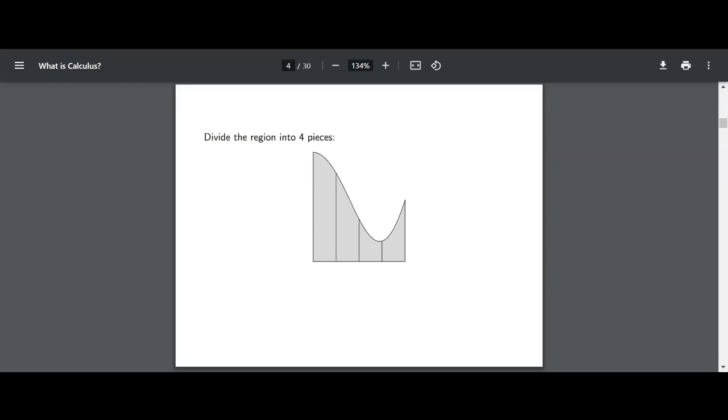We can divide this area into, here I'm using 4 pieces, but the number 4 is not special. And what we're going to do is we're going to approximate the area of each of these pieces, and then we can add up those approximations to get an approximation for the total area, okay?